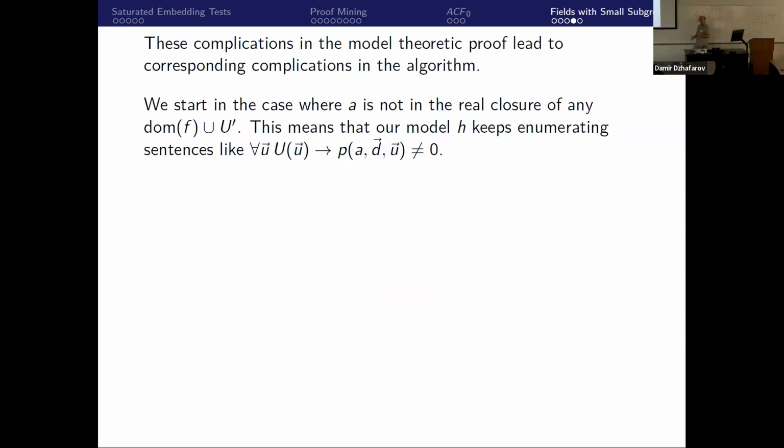The point I just want to make is, nonetheless, this method of translating it into a statement about these approximations of models, and playing this back and forth game where these approximations try to force each other to be inconsistent, really does work.